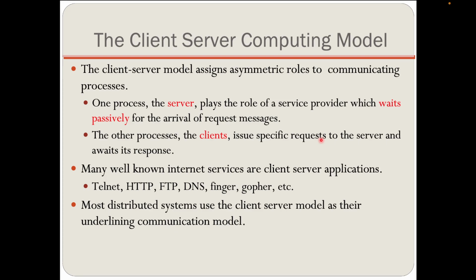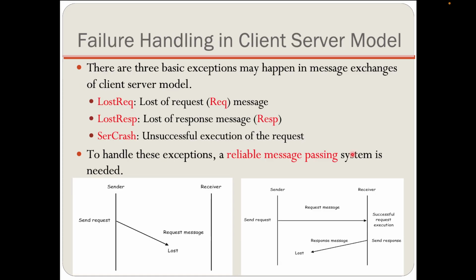To handle these exceptions, we need a reliable message passing system. The message passing system or underlying communication should be able to support this, so the application does not need to handle that.